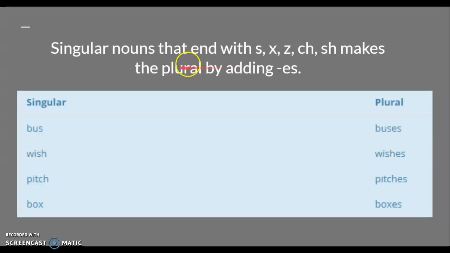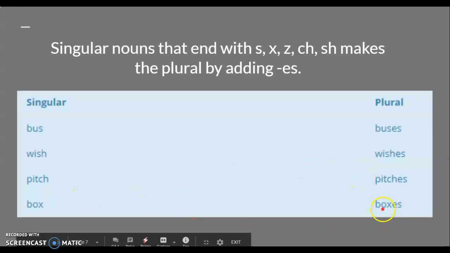But just like with other things, not all nouns follow that rule. So when we have singular nouns that end with an S, X, Z, CH, or SH, you're going to add ES to make it plural. Some examples: bus becomes buses. Wish becomes wishes. Pitch becomes pitches.